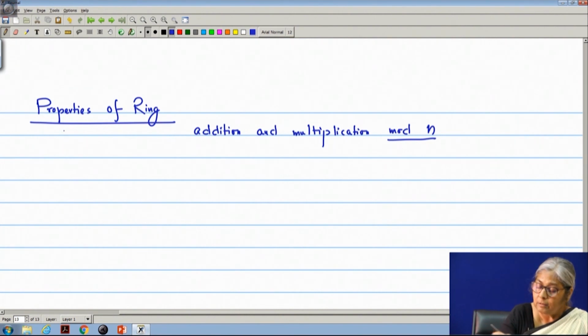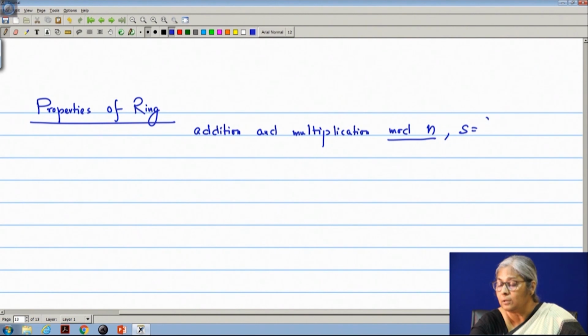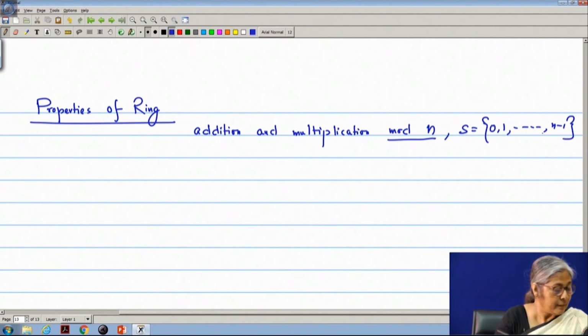Then the set is obviously 0 to n minus 1, as I have already discussed, because of remainders only. Then what are the properties it holds?